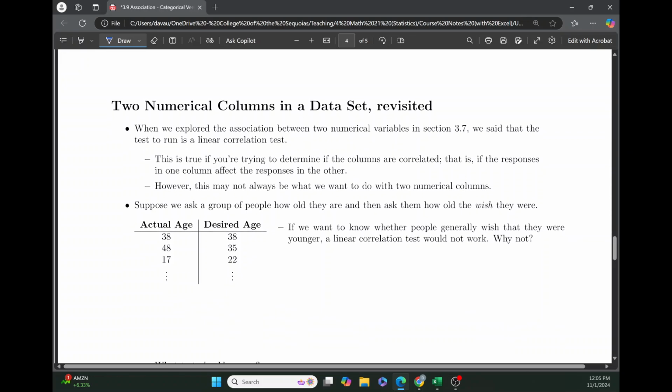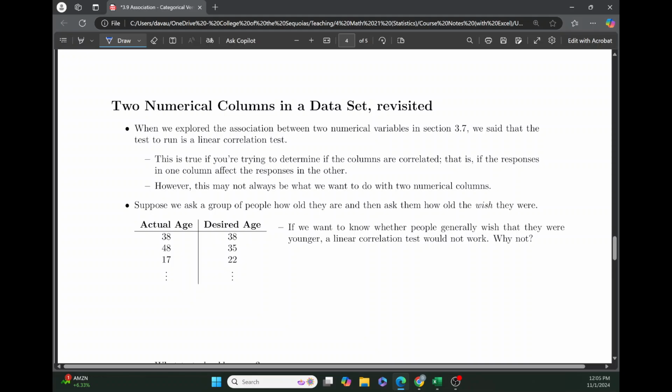One more topic that I want to talk about in this section has to do with the way that all of this raw data looks in like a big data set. It could be the case that you have two numerical columns that you're looking at in a data set.